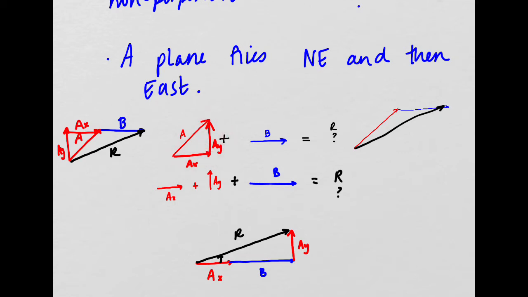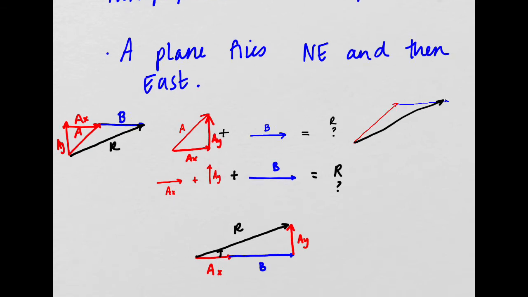So anytime we see non-perpendicular vectors like this, we have to fix this nasty angled vector. And the way that we can fix that is by putting it into its horizontal and vertical components. All right. So we solve for the horizontal and the vertical components, and then we add them all together.